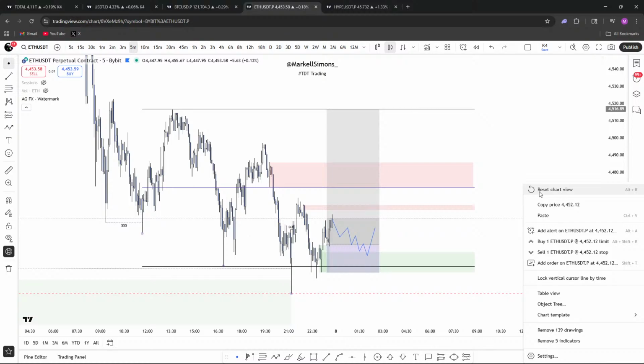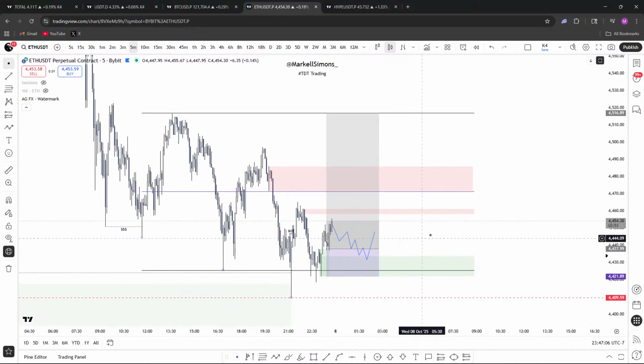I'm gonna post this in my Discord real quick. This is the potential setup that we're looking at. Put it in the TCT Discord. It looks really good.